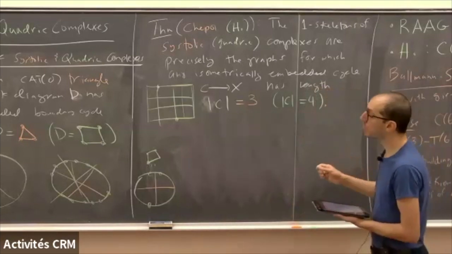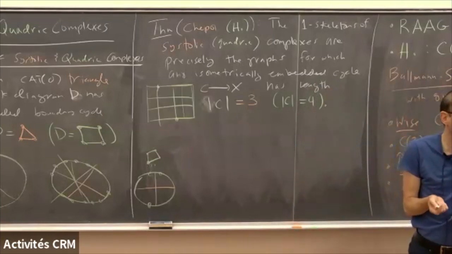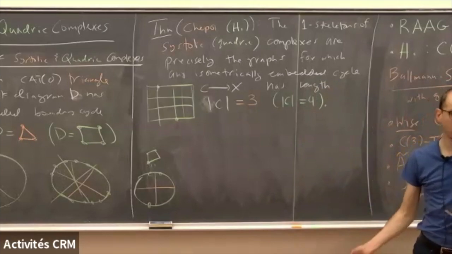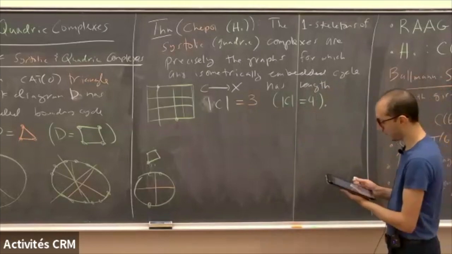Okay, and given that one skeleton in the graph, you can actually recover the complex as well. So we see that this goes two ways.